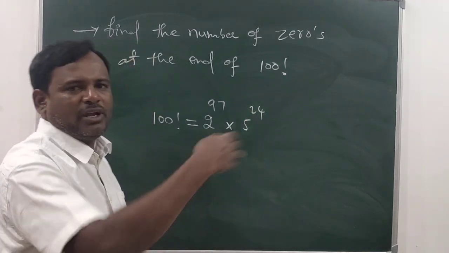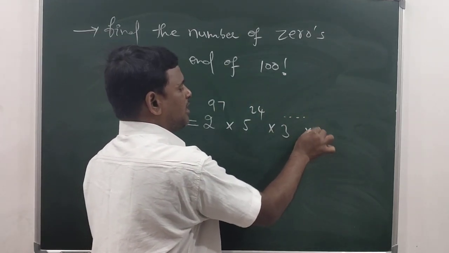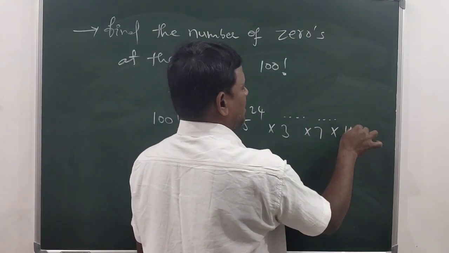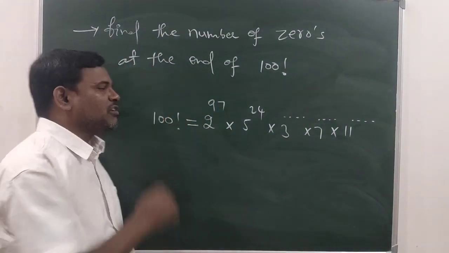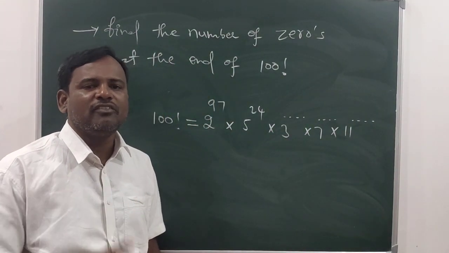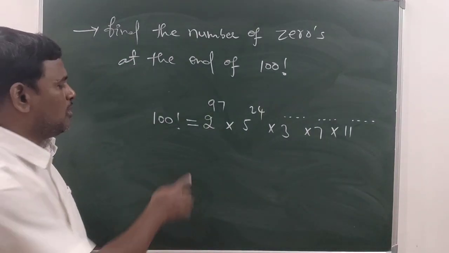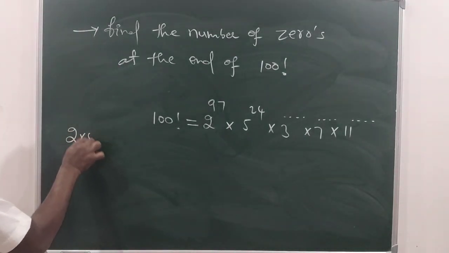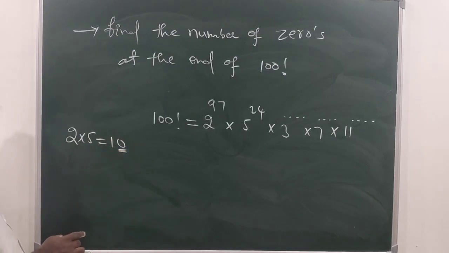Many more numbers will come here, 3 power something, 7 power something, the next prime number 11 power something, and so on. But what is our question? The number of zeros at the end of 100 factorial. Zeros will be formed by pairing 2s and 5s. If you take one 2 and one 5, the product is 10, ending with 1 zero.